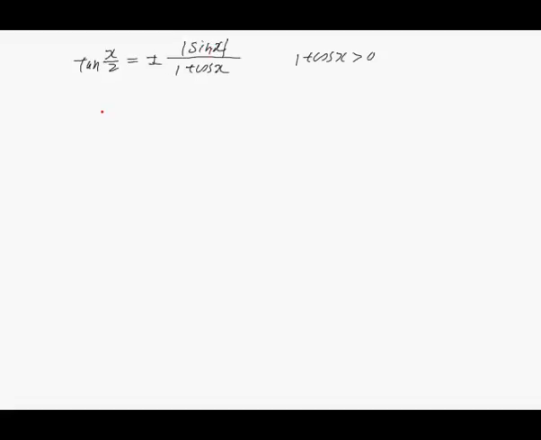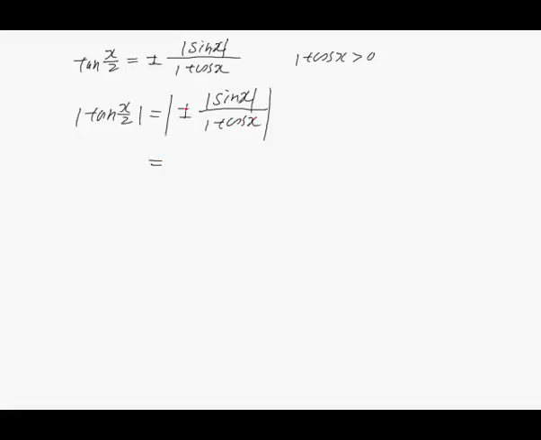So in this case, since this guy and this guy have the same absolute value, let's take the absolute value of both sides. You have the absolute value of tangent half x equal to the absolute value of plus minus the absolute value of sine x over 1 plus cosine x.